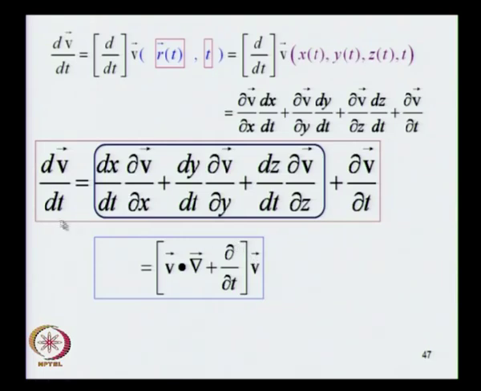In other words, the differential operator d by dt is completely equivalent to the operator which is inside this rectangular box, which is v dot del plus del by del t.